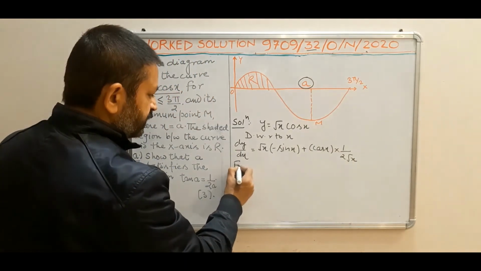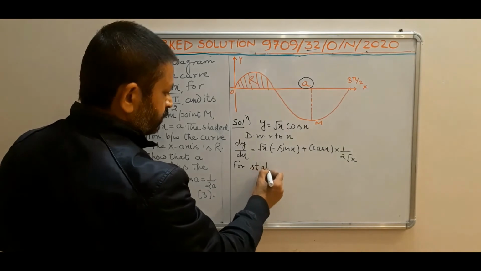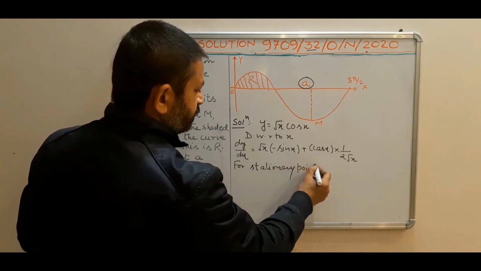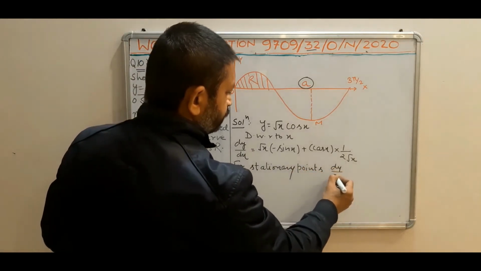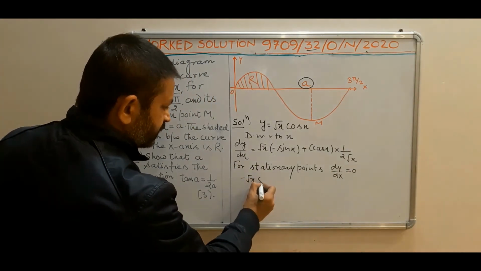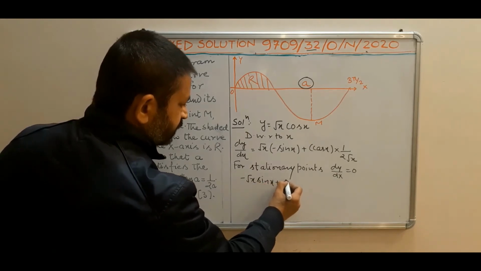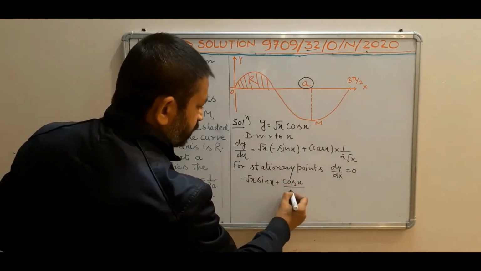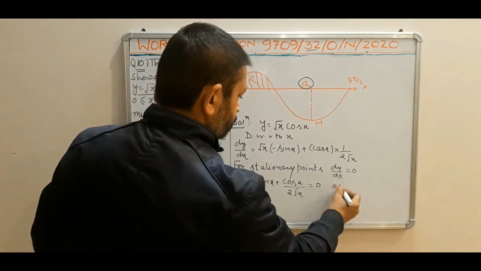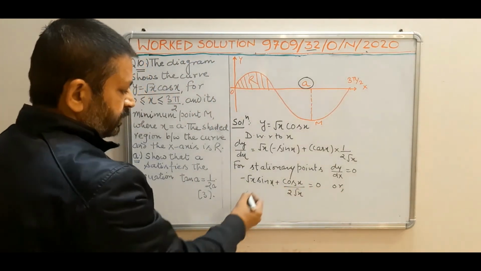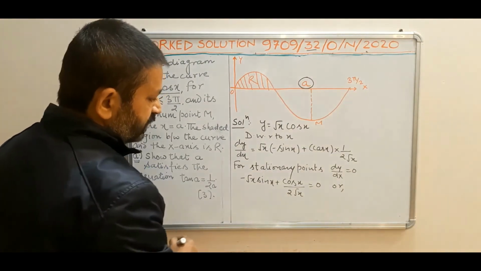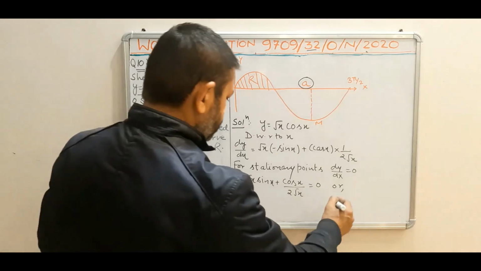Then for stationary points, put dy by dx is equal to 0. It gives you minus under root x sin x plus cos x upon 2 under root x is equal to 0, or shift this root x sin x to right hand side, and then root x and root x will multiply, that will give you 2x, right?